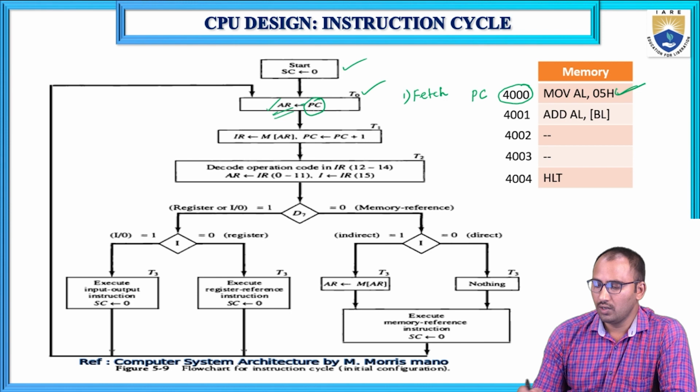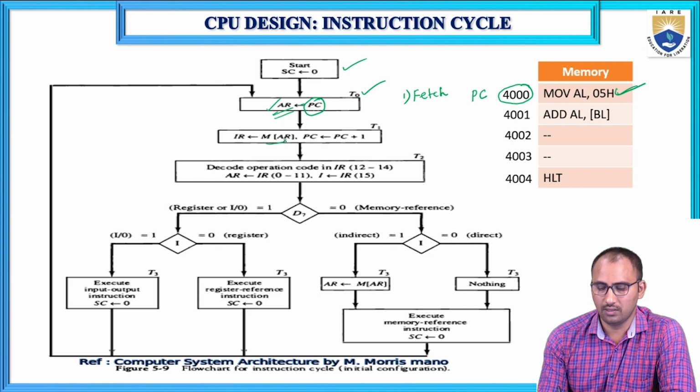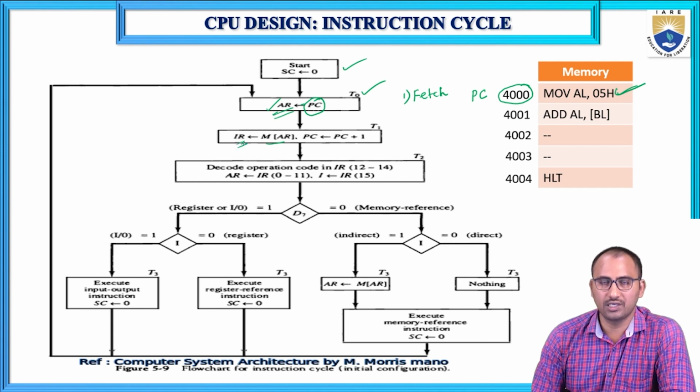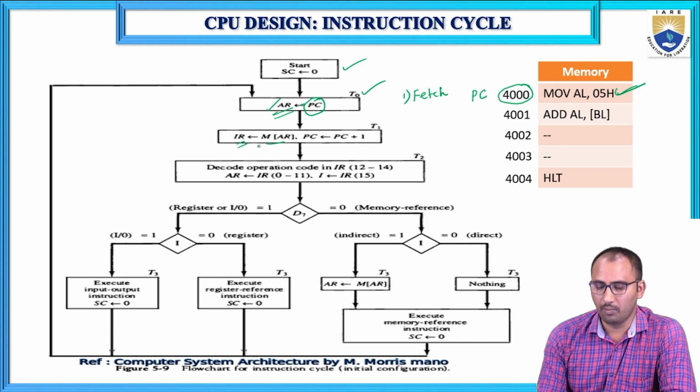So what is the operation? Read operation, M of AR. That means we are reading the instruction from the address stored in the address register. After reading, that instruction will be placed in the IR register, the instruction register. So that is a read operation.